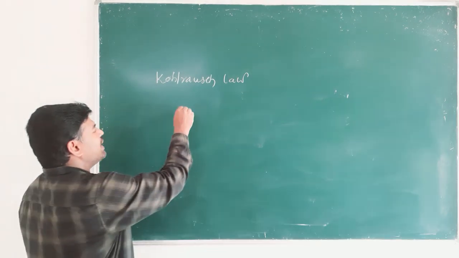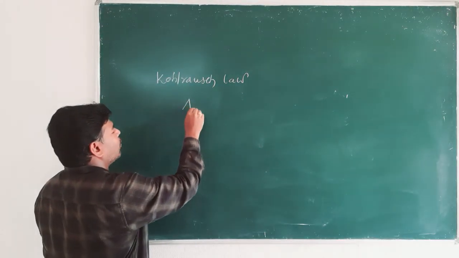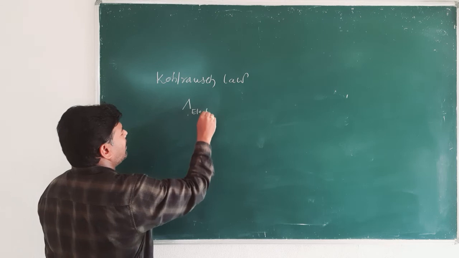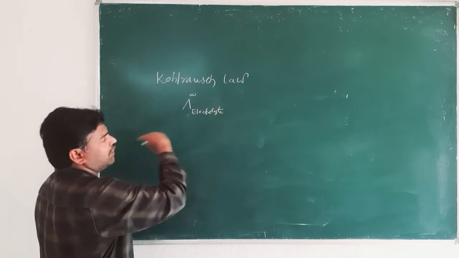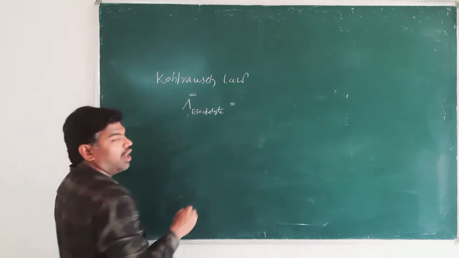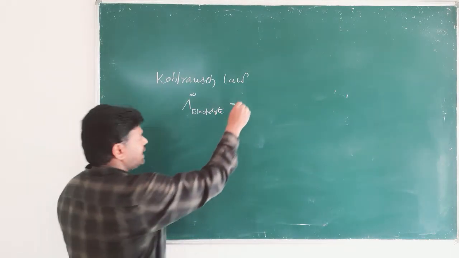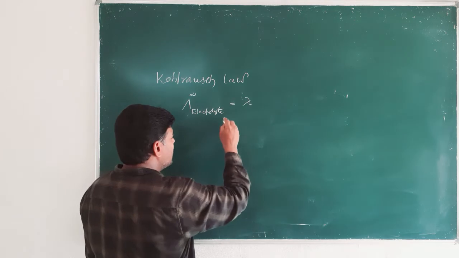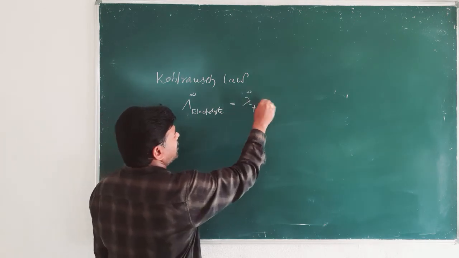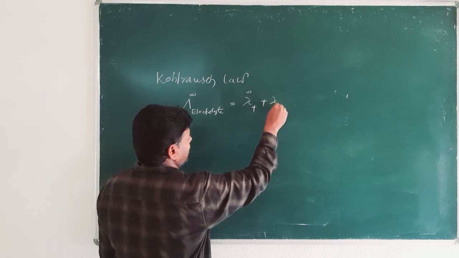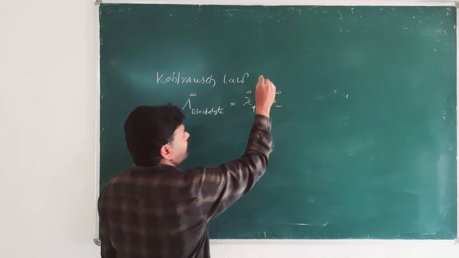So, equivalent conductance of an electrolyte at infinite dilution is equal to the algebraic sum of equivalent conductance of cation at infinite dilution plus equivalent conductance of anion at infinite dilution.